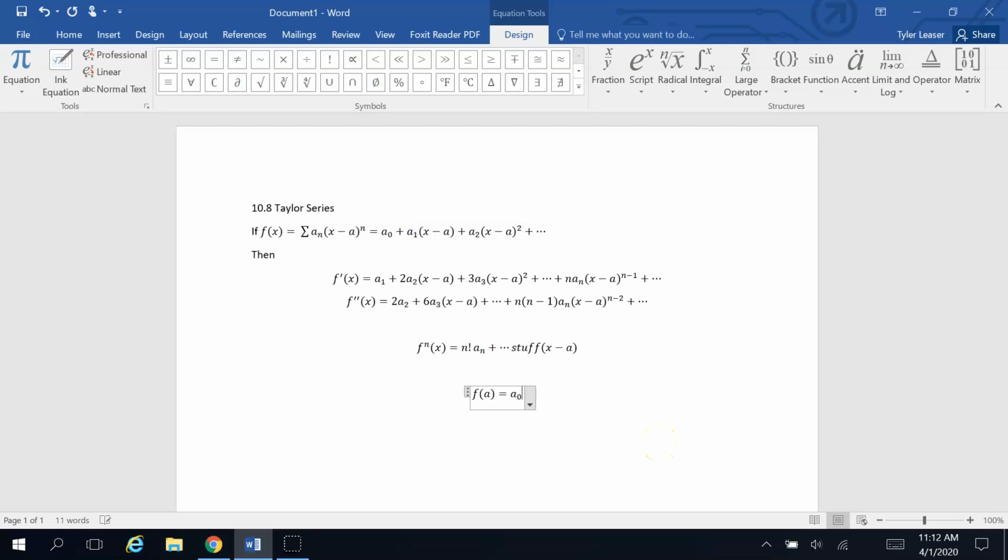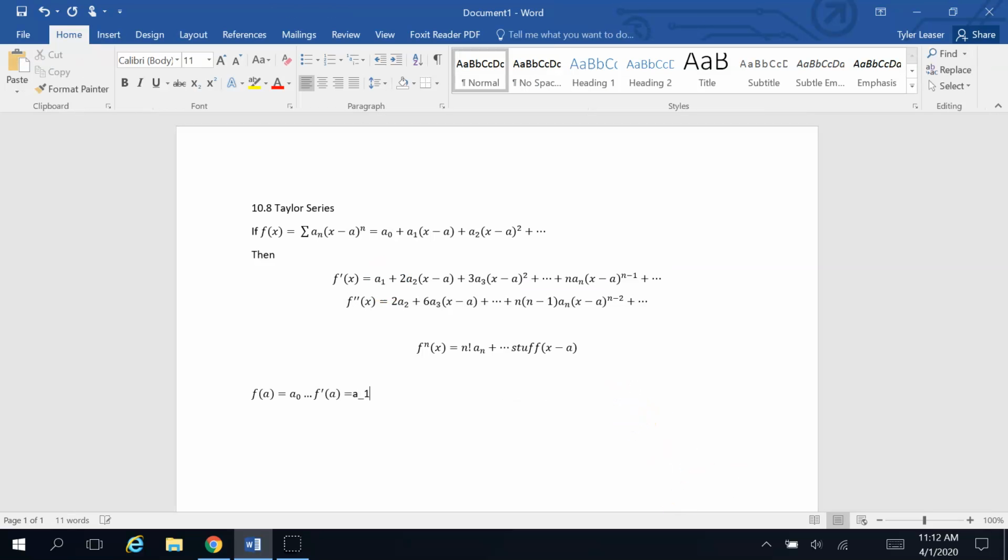If I were to plug a into the first derivative, so now we're looking at this line here, everything that has x minus a goes to 0, but we have this coefficient out in front, a sub 1. If I were to plug a into the second derivative, looking at this line now, everything goes away except for that thing out in front, 2a sub 2.